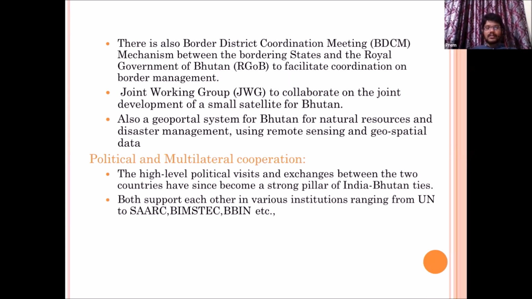Similarly, we also helped them launch a geoportal system where they can remotely sense the mineral resources in their country, and also help them develop from a mineral resources point of view and for disaster management. So these are other areas of cooperation like space and other new areas that are developing.